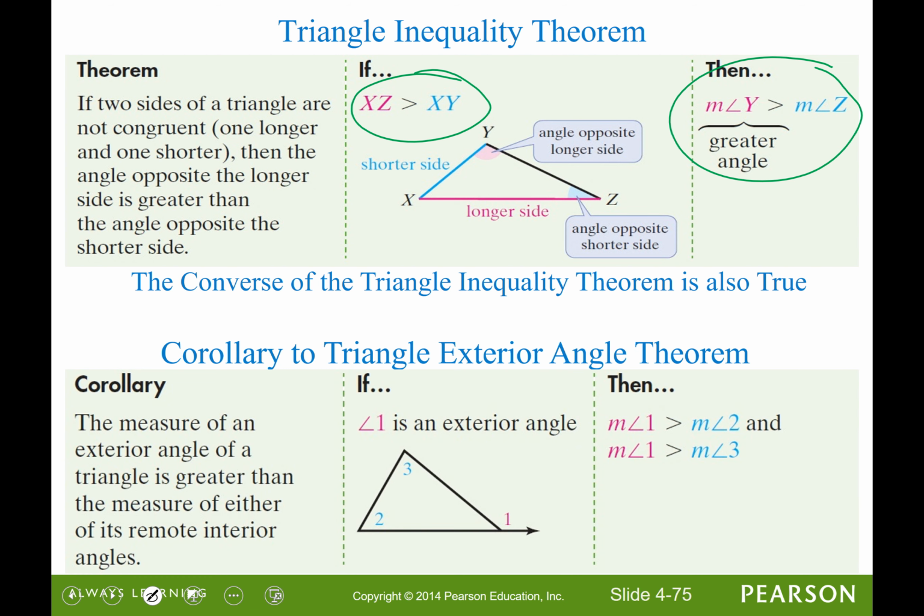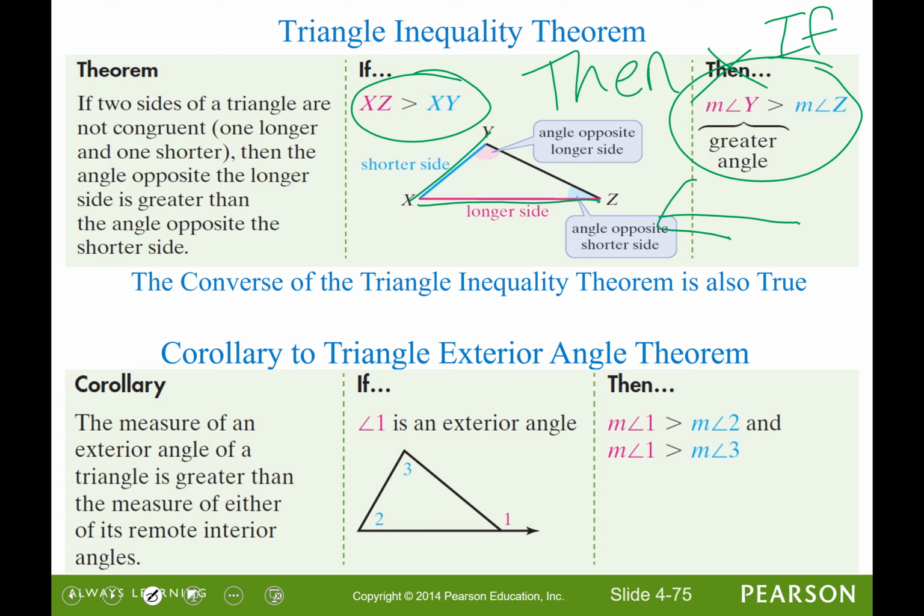So you can go this direction. You can change this right here to the if statement. If the measure of angle Y is greater than the measure of angle Z, then this side is longer than this side.